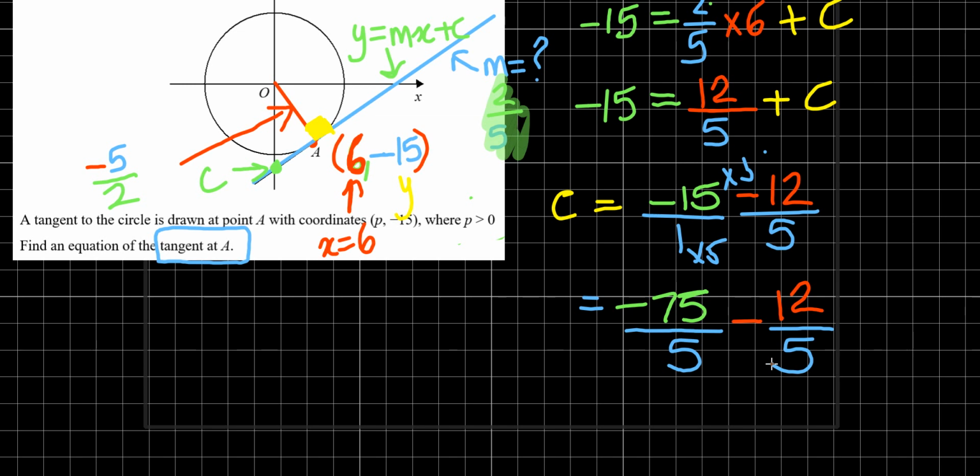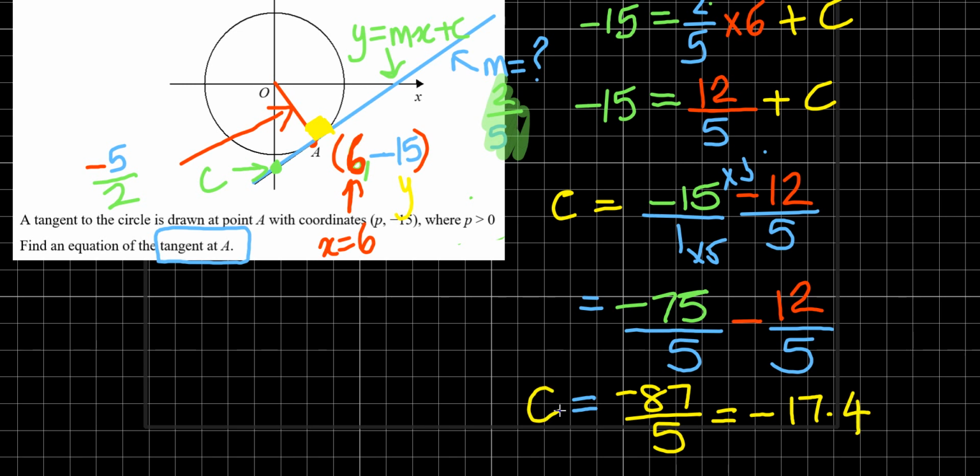Minus 75 minus 12 gives us minus 87 over 5. We can leave it as a decimal because it's a calculator paper, so we would have minus 17.4. So we've got our c.